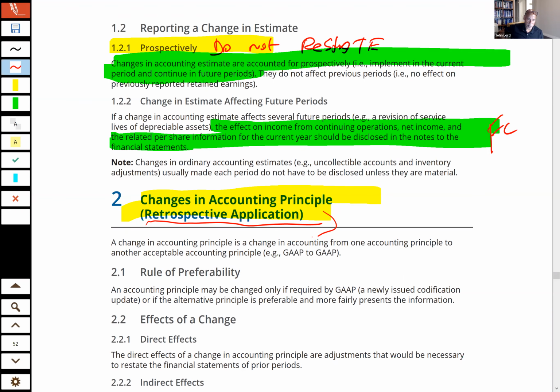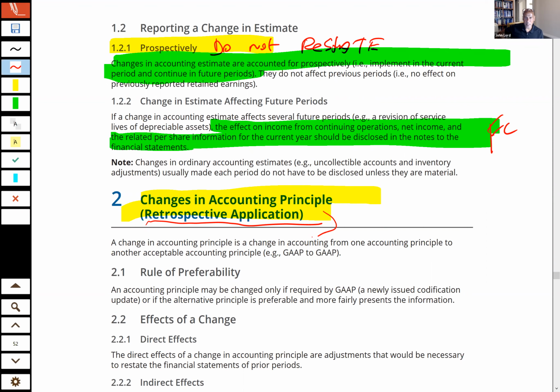And the process is that if you have a change in accounting principle, you are to restate any prior periods presented, and you are to calculate a cumulative effect of accounting change and report that as an adjustment to the beginning balance of retained earnings of the earliest period presented, and that adjustment is made net of tax.